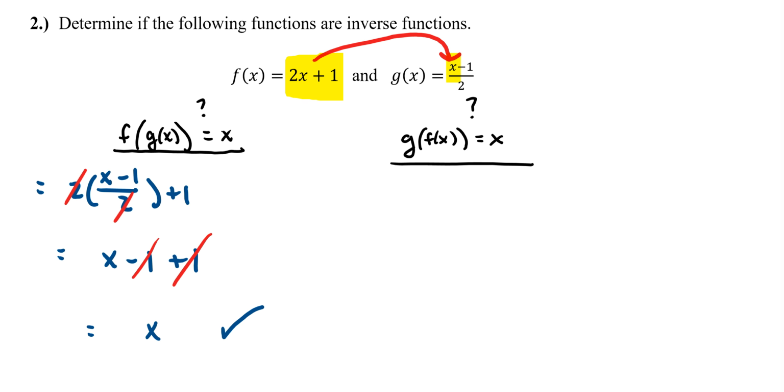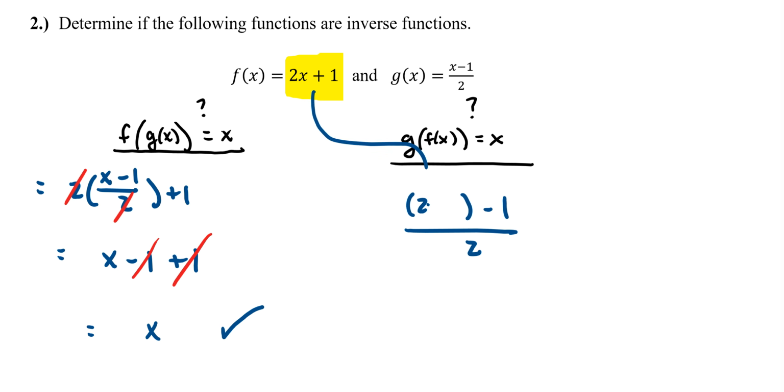So instead of x minus 1 over 2, it's going to be blank minus 1 over 2. We're going to go ahead and plop in the 2x plus 1. So x minus 1 over 2 becomes f of x minus 1 over 2.